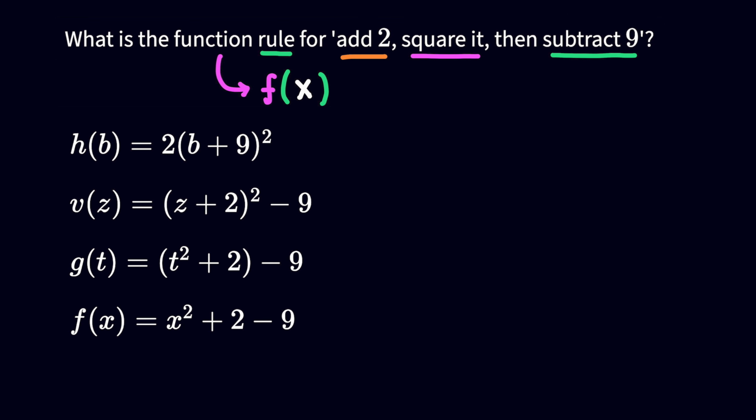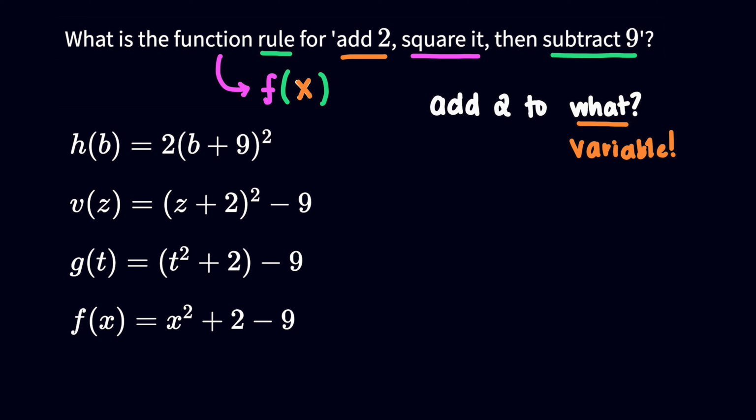The first thing that they say is to add 2. But you might be saying, add 2 to what? Add 2 to what? That's who you're bossing around, the variable. So we're adding 2 to the variable.